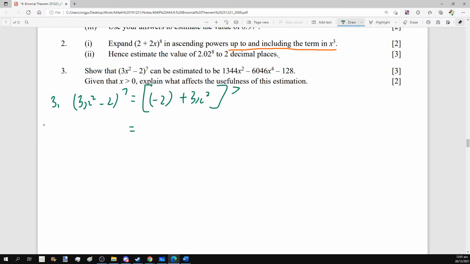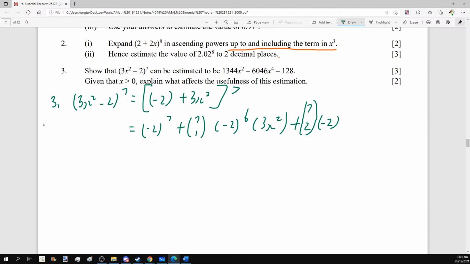From here, we will go on to use our binomial theorem formula. Like so.